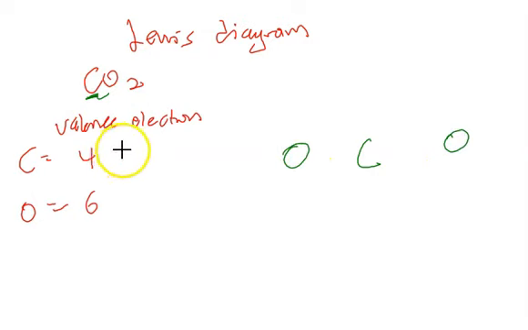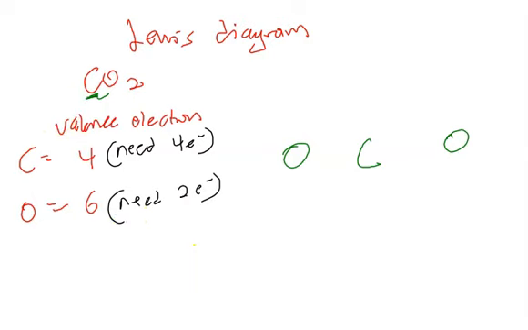Now carbon needs 4 electrons to be stable, and each oxygen needs another 2 to be stable. So we put the carbon's 4 electrons on this side and the other on that side, so you have 6 of them.